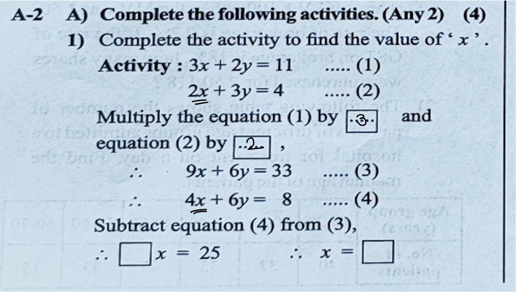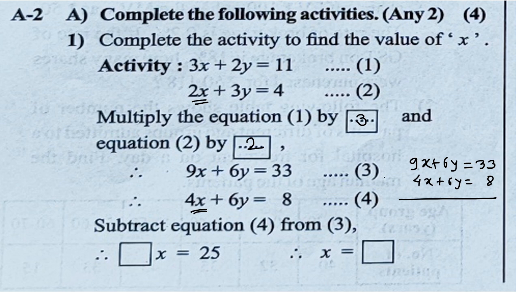Now here 6y and 6y are occurring in both the equations. Therefore subtract equation 4 from 3. I am writing here again that 9x plus 6y is equal to 33 and 4x plus 6y is equal to 8.